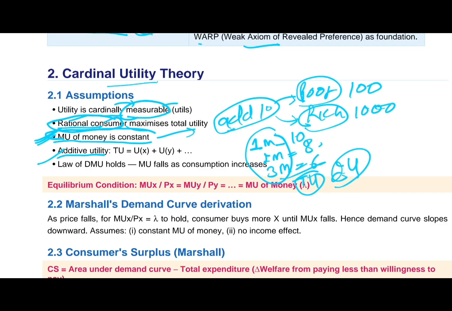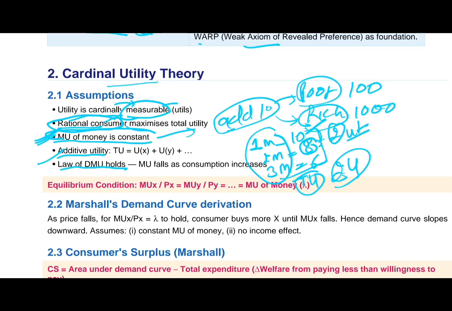The law of diminishing marginal utility holds. It means whatever we are consuming, with each successive unit of consumption, the utility is decreasing. This can be seen in this example. When we eat the first mango, we get 10 utility. When we eat the second mango, we get 8 utility. It means our utility is decreasing by consuming an additional unit of mango.